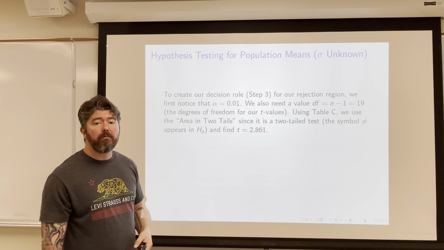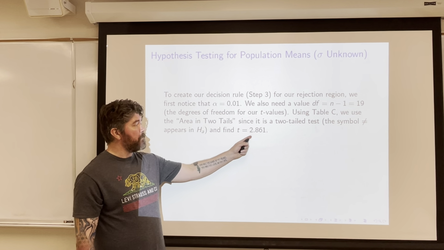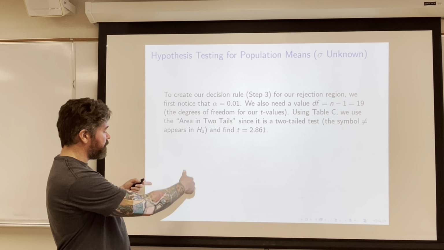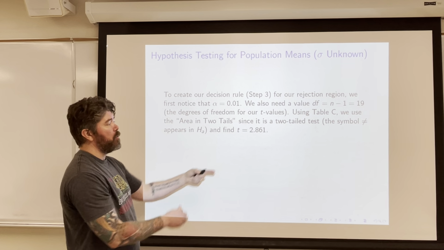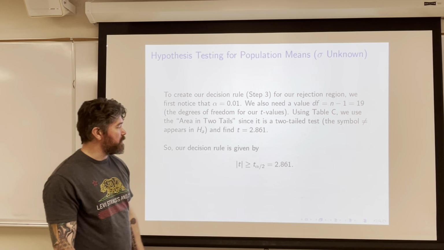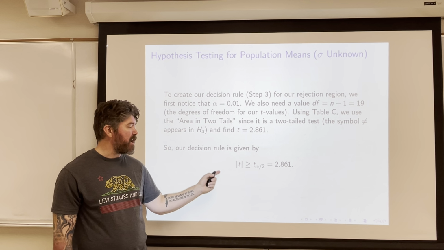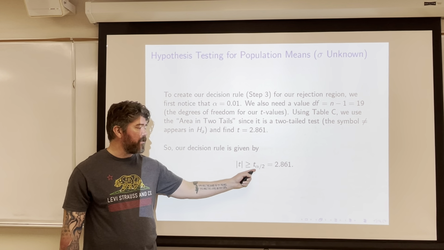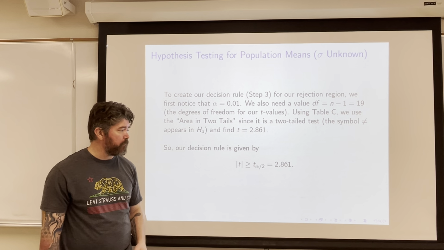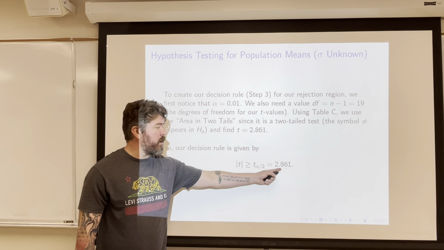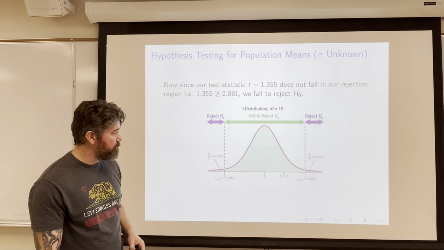Not equals represents a two-tailed test. And lining those up, degrees of freedom 19, area in two tails 0.01, we get 2.861. So our decision rule, our rule for our rejection region, is the absolute value of t is greater than or equal to 2.861. This is what we use to decide if we reject H0.